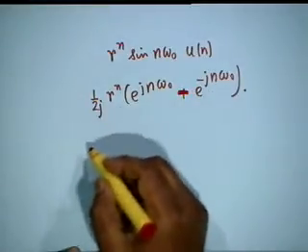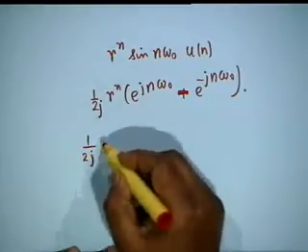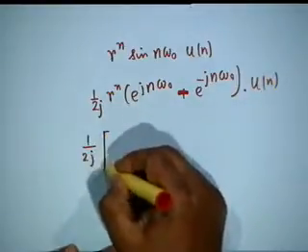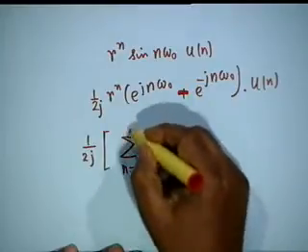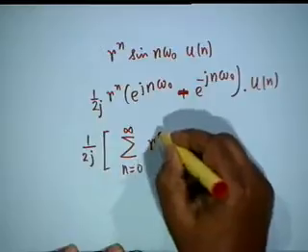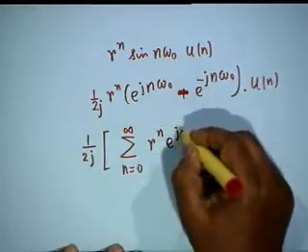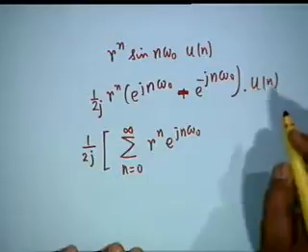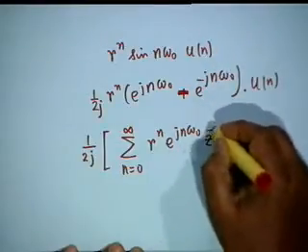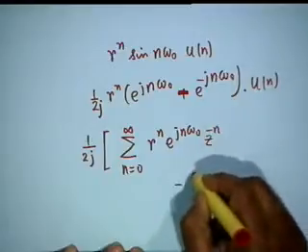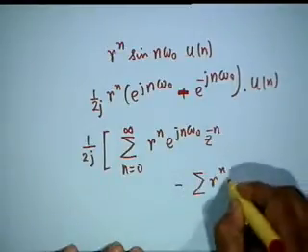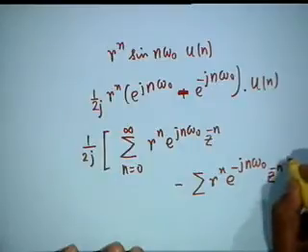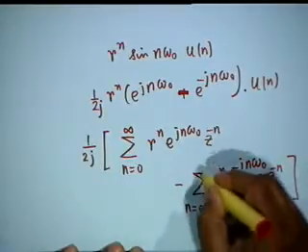All right. So, its Z transform would be 1 over 2 j, summation n equal to 0 to infinity, r to the power n e to the power j n omega 0 z to the minus n, minus summation r to the power n e to the minus j n omega 0 z to the minus n, n equal to 0 to infinity.